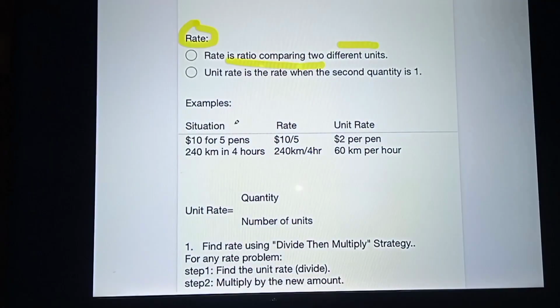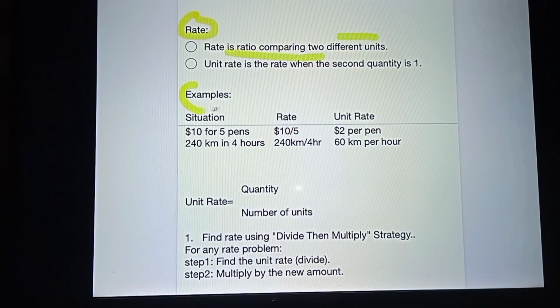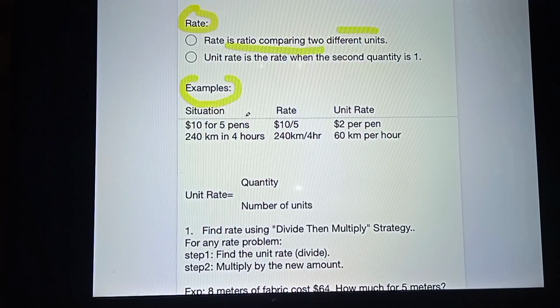Now let's learn. For example, we have two situations. This is the first situation and this is the second situation. In the first situation, 5 pens cost $10. So this unit rate will be its price divided by its quantity. So we get $2 per pen.